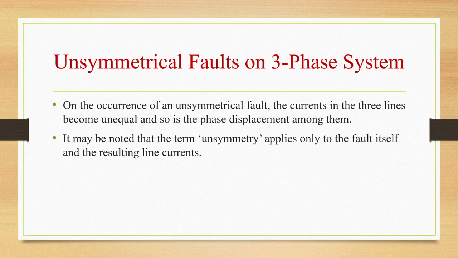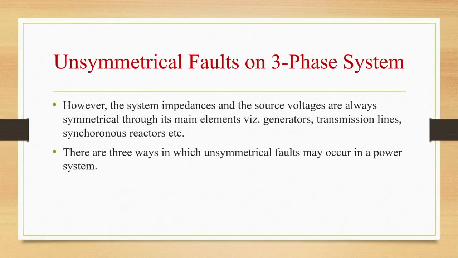On the occurrence of an unsymmetrical fault, the currents in the three lines become unequal and so is the phase displacement among them. It may be noted that the term unsymmetry applies only to the fault itself and the resulting line currents. However, the system impedances and the source voltages are always symmetrical through its main elements.